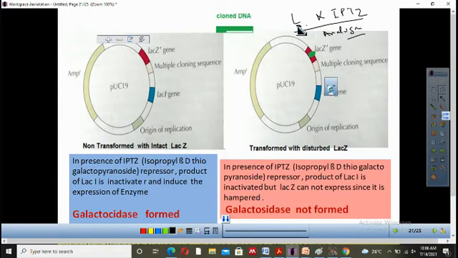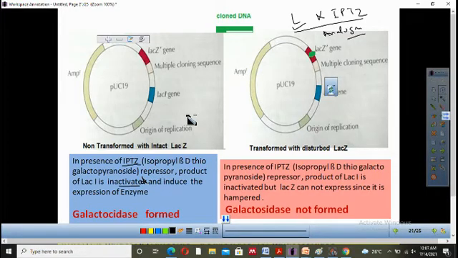It is an analog of lactose, which means the structure is different and the function is the same. So in the presence of IPTG, the repressor product of lacI is inactivated.